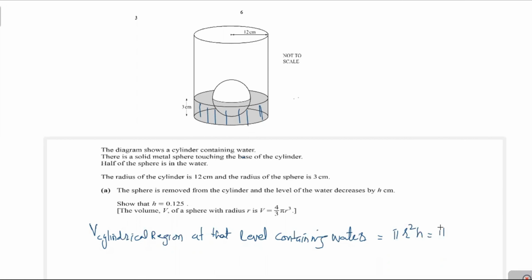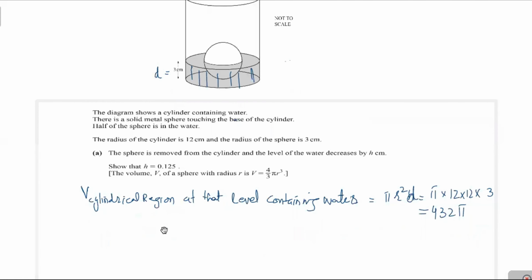Now you can see here the radius of the cylinder is 12 centimeters, therefore 12 squared, and the height is 3. That value will be equal to 432 pi.